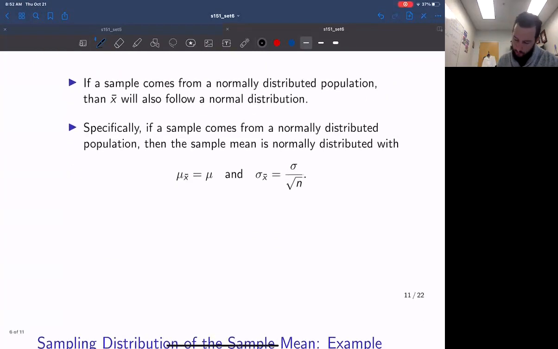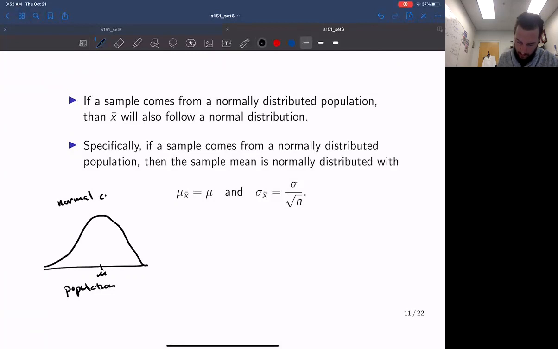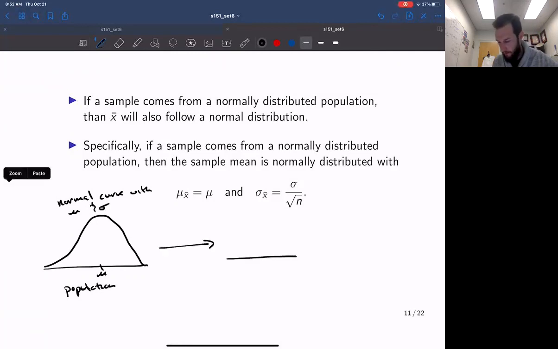So if we start with a population, okay, so this is a normal curve with mu and sigma, and then say we collect a sample.